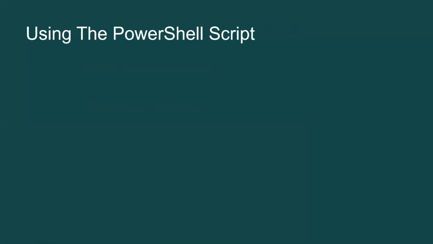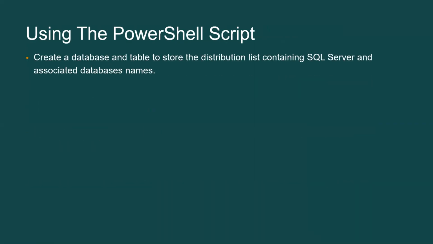So how to use my PowerShell script? There are a number of steps that we need to explain. The first thing is you need to create a database. We can call it admin DB or whatever name suits you, and you create a table that will store the distribution list of the databases and the associated instance names where you'll be deploying the scripts.